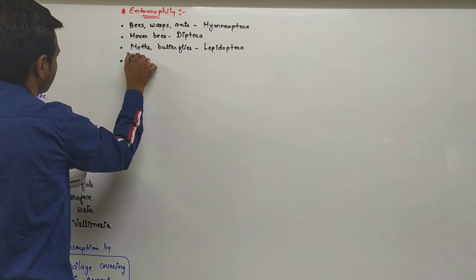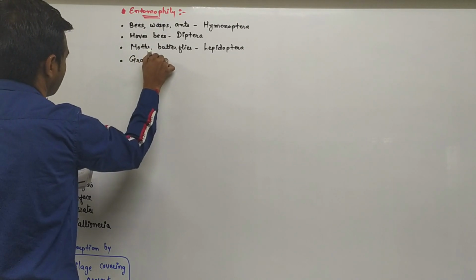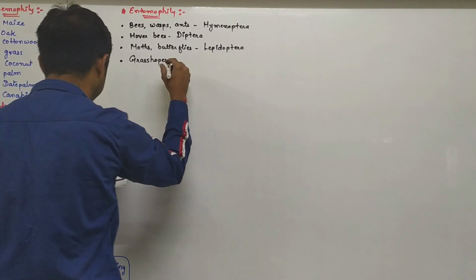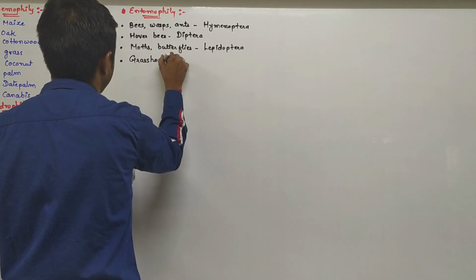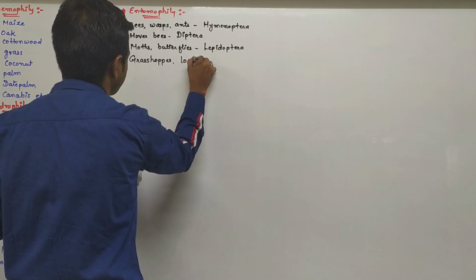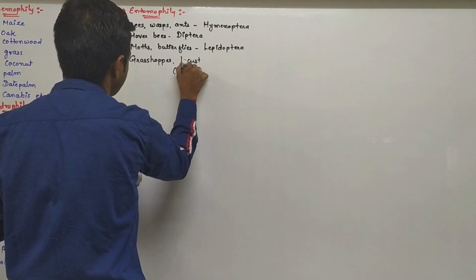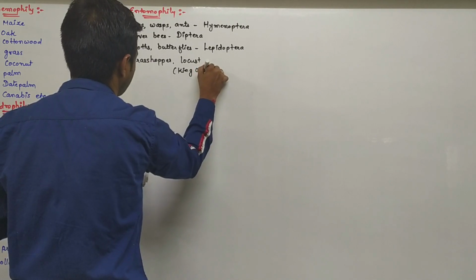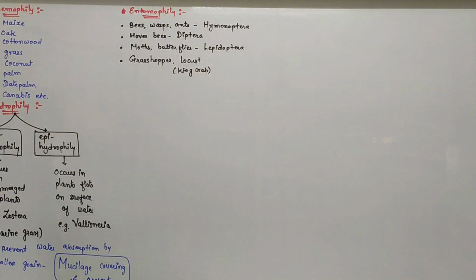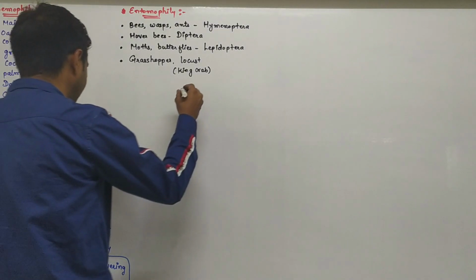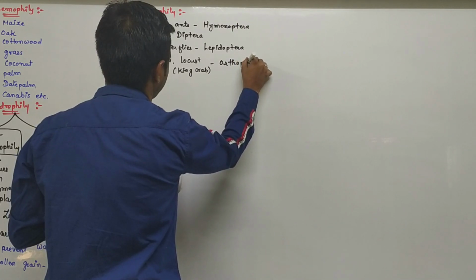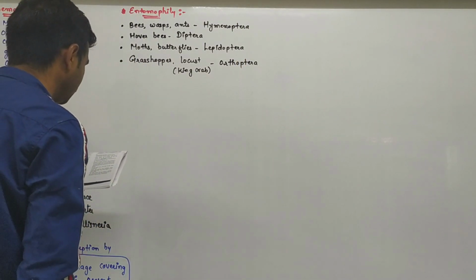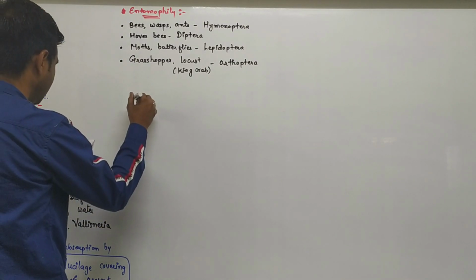Grasshopper, locust, all these insects are included in Orthoptera, because they belong to Arthropoda. Beetles, Coleoptera.